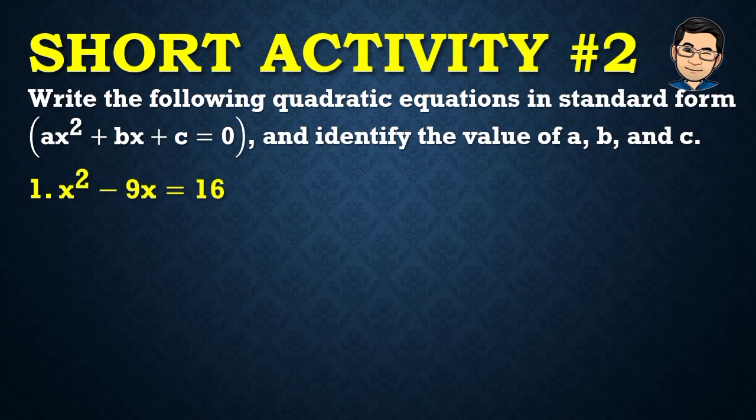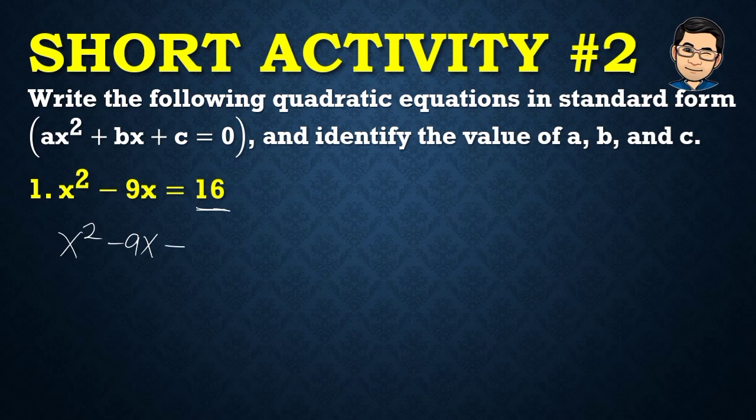By the way, we can only identify the values of a, b, and c if the given equation is written in standard form. So ang gagawin natin dito, yung 16, kailangan natin siyang mailipat sa left side, para ang right side natin ay equal to 0 lang. So x squared minus 9x, and then itong 16, magsusubtract tayo ng 16 to both sides.